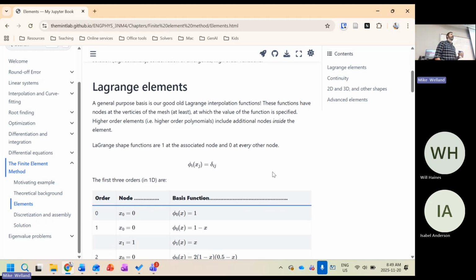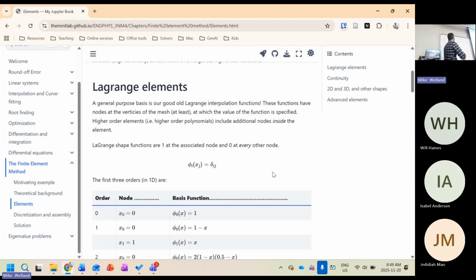If you remember, because all of you are obviously remembering everything that's in the notes, Lagrange interpolation functions have this nice property that the one associated with a particular node is only 1 at that node, and it is 0 at all other nodes.